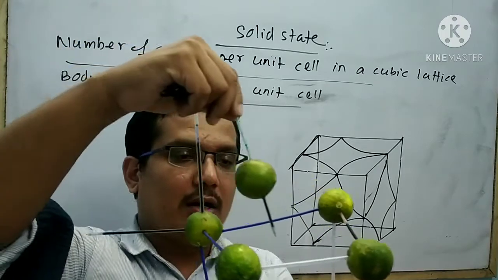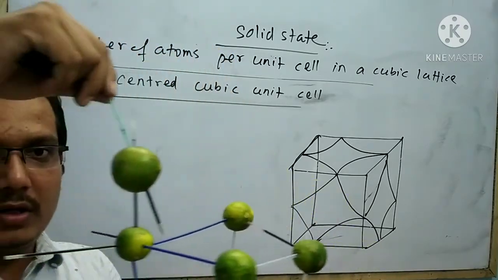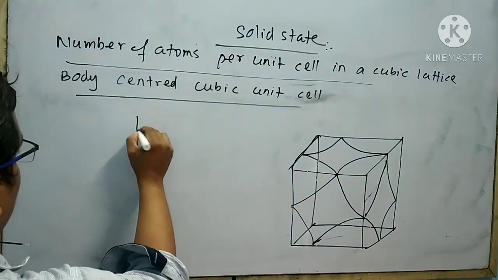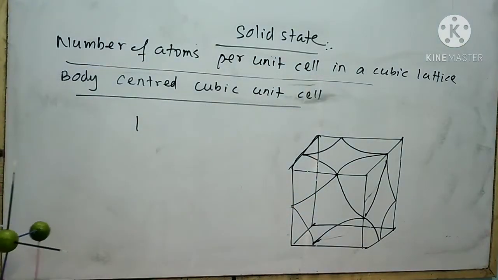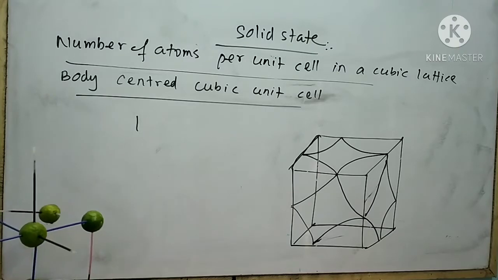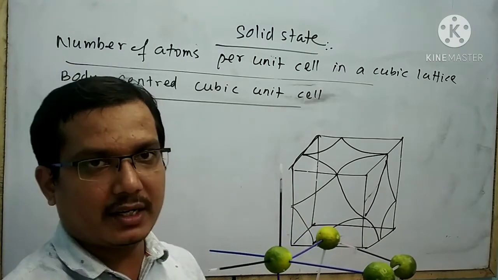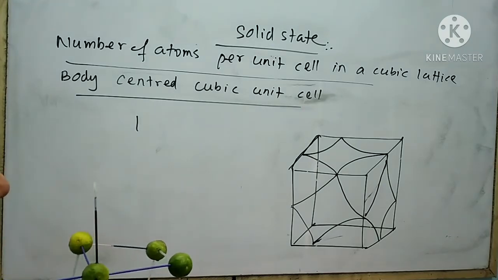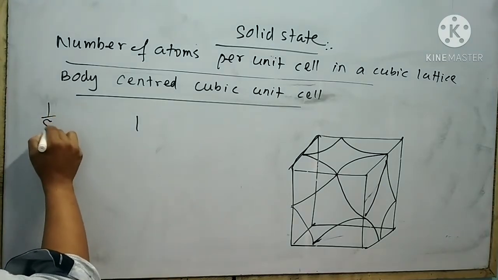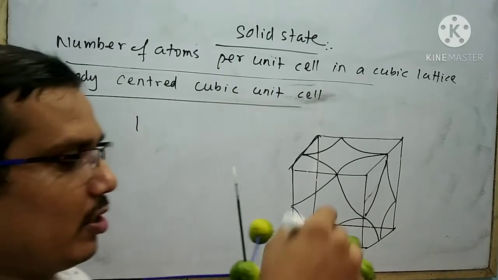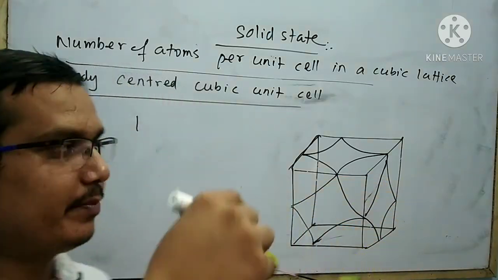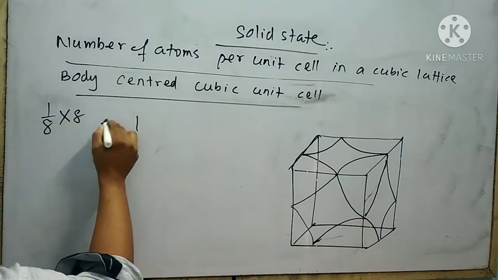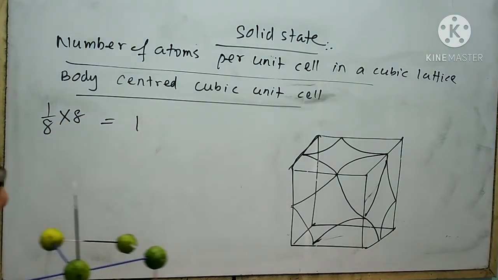For the corner constituent particles, generally we take 1. That means there are 8 constituent particles present at the 8 corners, and each constituent particle has 1 by 8 part contribution for this unit cell. So here I can write 1 by 8 into 8 equal to 1.